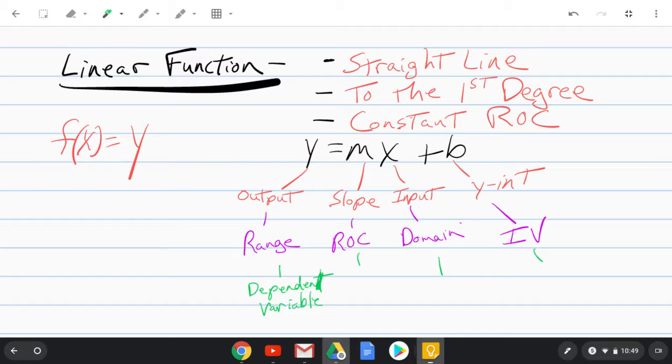What is slope? Rise over run. Another name for domain or input, the independent variable. And another name for the initial value or the y-intercept.